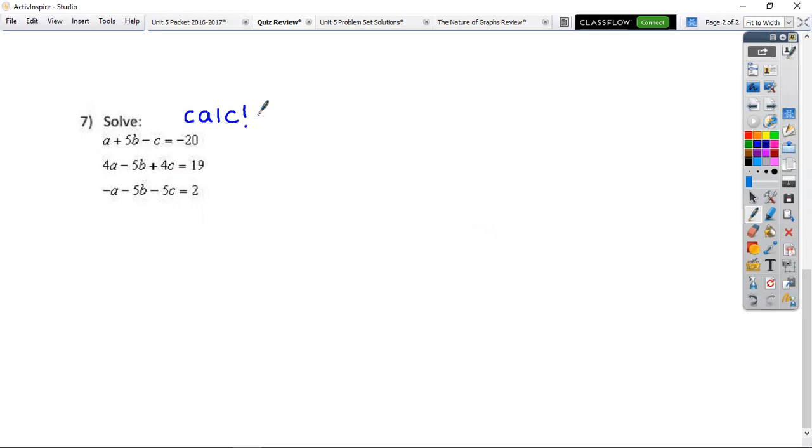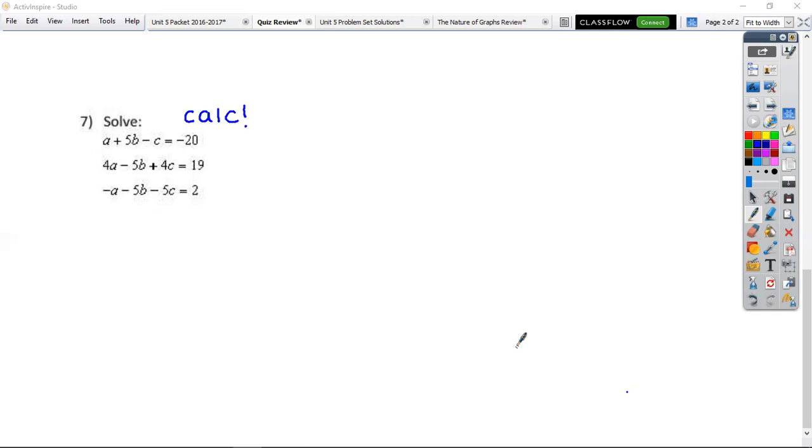So in the calculator, I'm going to hit, again, second matrix. I'm going to scroll over to edit. And I'm going to type a 3x4 matrix.